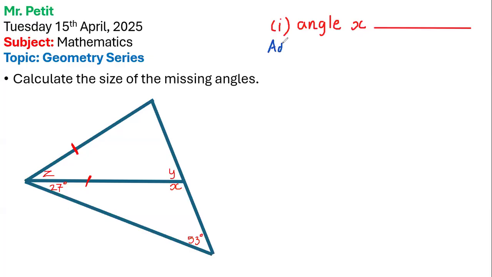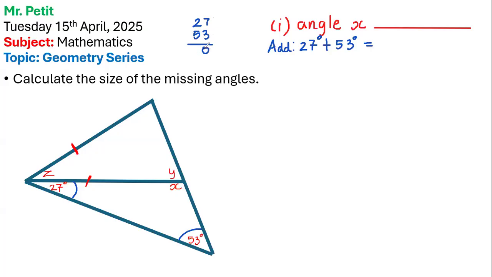So we're going to add 27 degrees and 53 degrees. 7 plus 3 is 10.